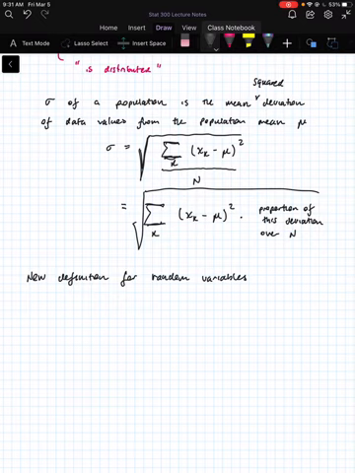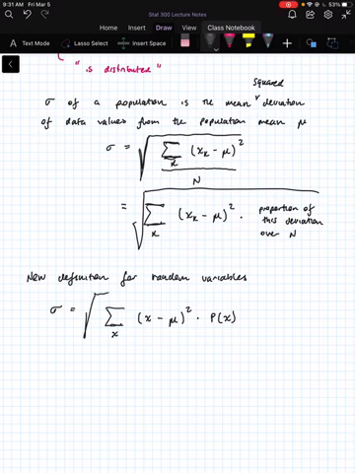The standard deviation of a discrete random variable will be written as sigma is equal to the square root of the sum over all possible outcomes for this random variable of the outcomes minus the expected value squared times the probability of that outcome.